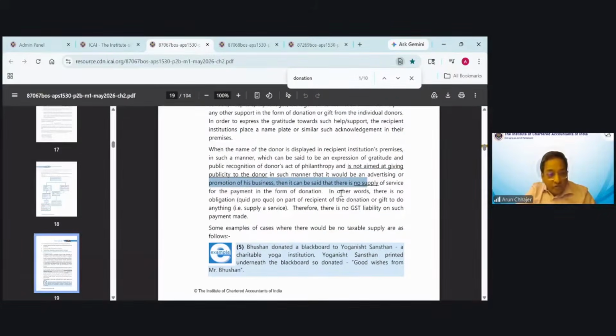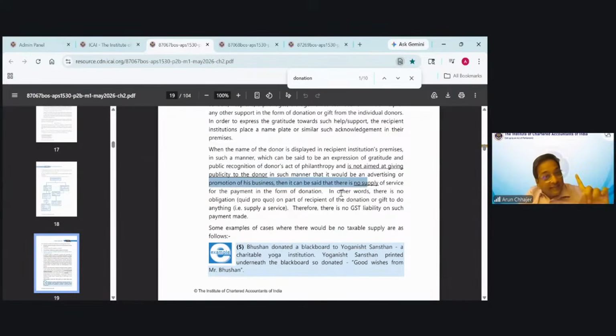If the name is used in the manner of just giving recognition, so ICAI has given the donation to, let's say, an old age home. Thank you to the ICAI for providing the coolers. Thank you to Nagaraja for providing the water cooler.